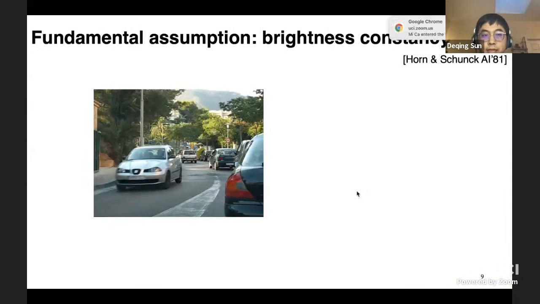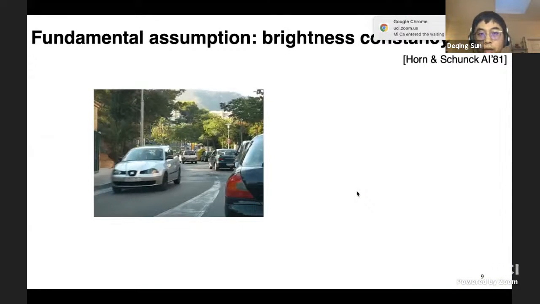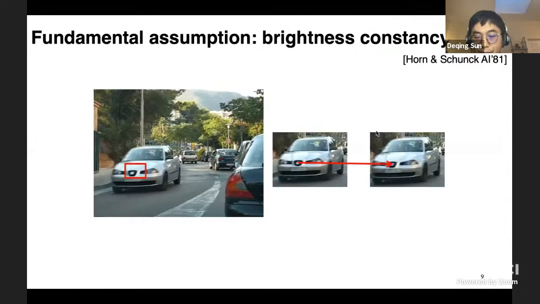A fundamental assumption behind optical flow is the brightness constancy assumption. That is, a pixel will retain its brightness or some feature despite its position change over time. Mathematically, we can express it in this way.